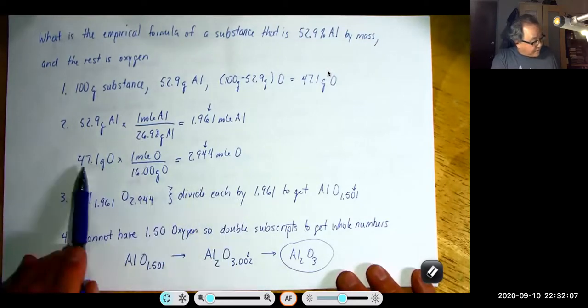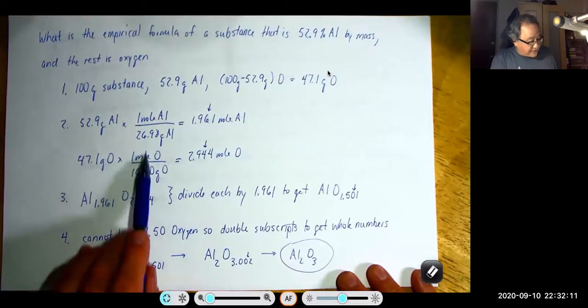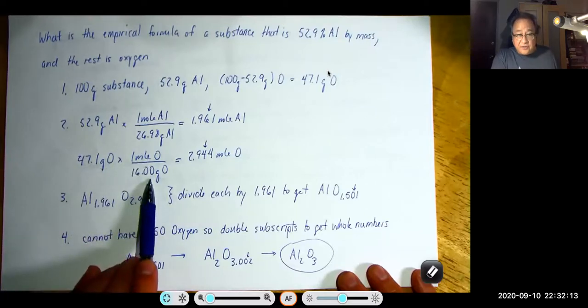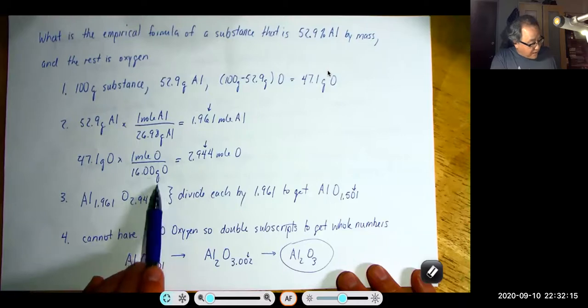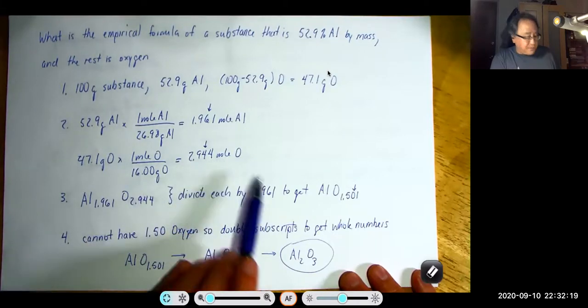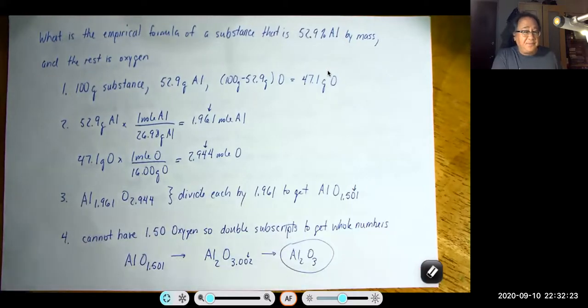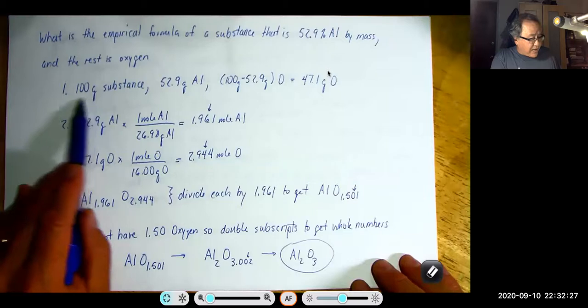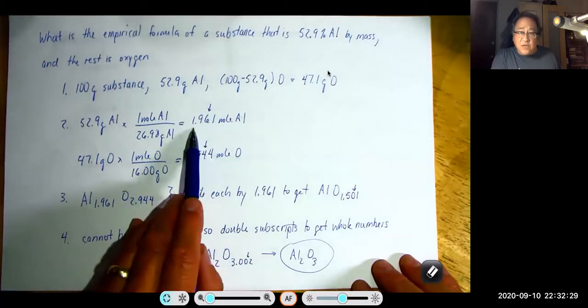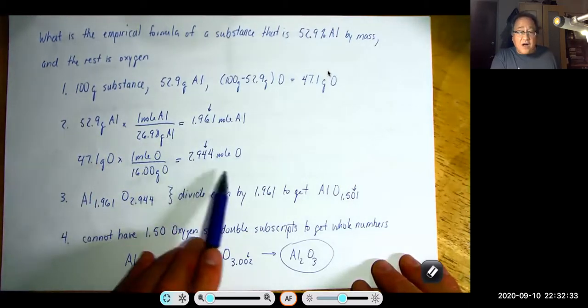And then here we have 47.1 grams of oxygen times the molar mass of oxygen. Now, why does the gram go on the bottom? So these cancel. So we end up getting about 3 moles of oxygen, because 47 divided by 16 should be around 3. So if I had 100 grams of substance, I would have 1.961 moles of aluminum and 2.944 moles of oxygen.